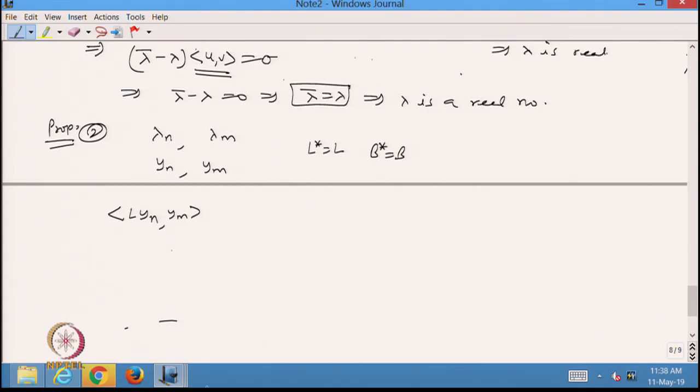So I can define the inner product of L y n and y m, which is the inner product of minus lambda r(x) y n and y m. This is the inner product I am taking.